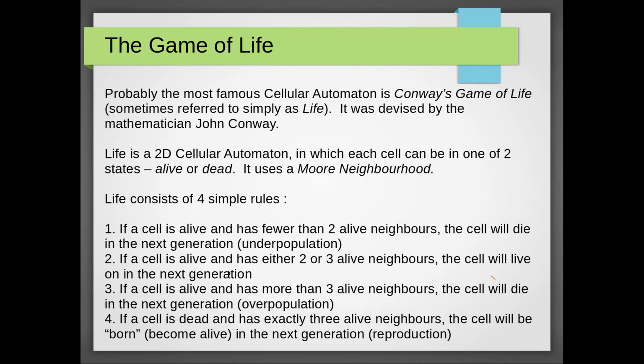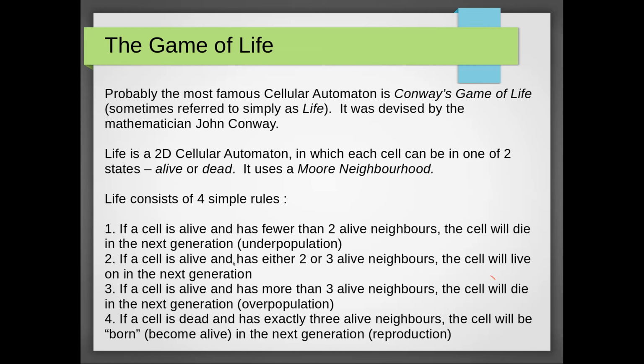And the Game of Life consists of 4 very simple rules. The first rule: if a cell is alive in one generation and it has fewer than 2 alive neighbors, then the cell will die in the next generation. That's designed to model underpopulation. So it's underpopulated and it dies out. If a cell is alive in one generation and it has either 2 or 3 alive neighbors, then it will live on in the next generation.